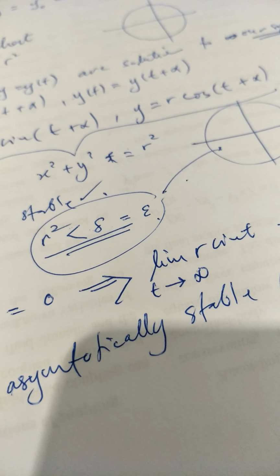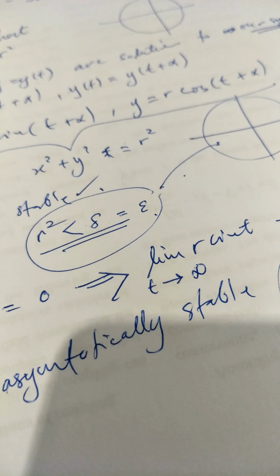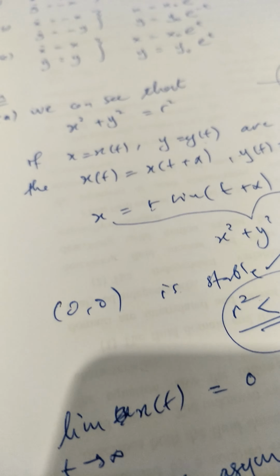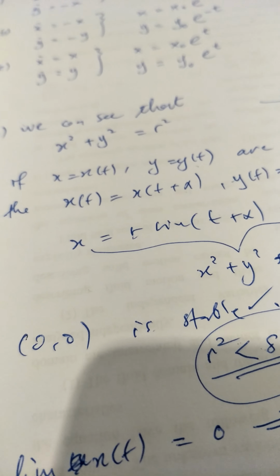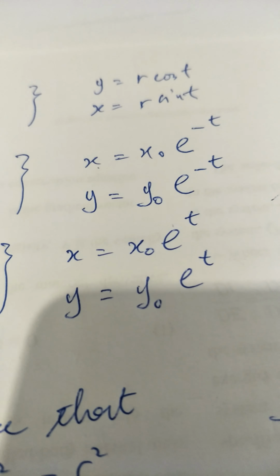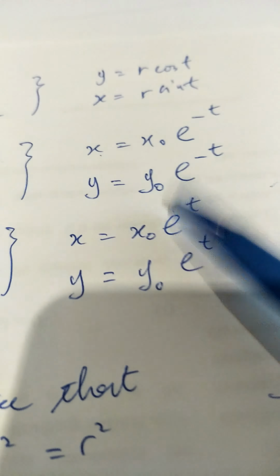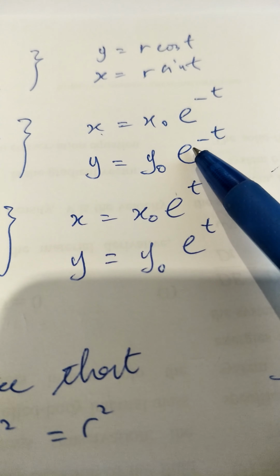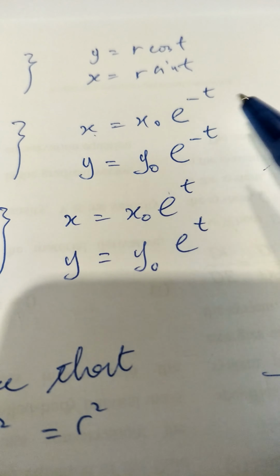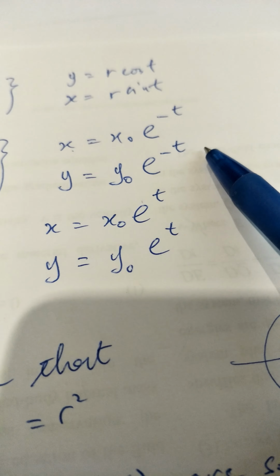Then what about the others? You can check the others. For the second case, and as well as the third case, this is well defined, which satisfies the first condition.